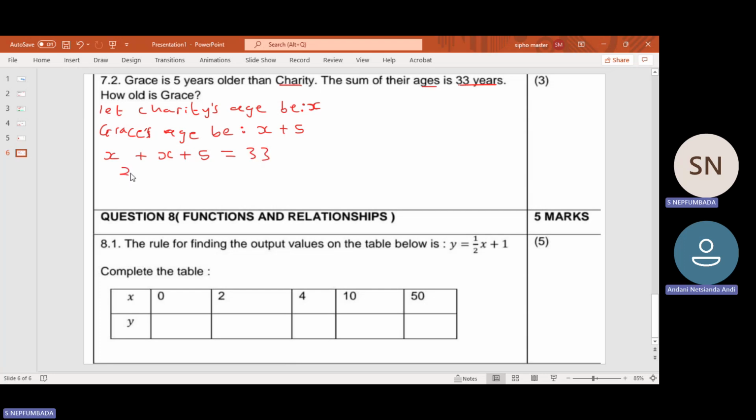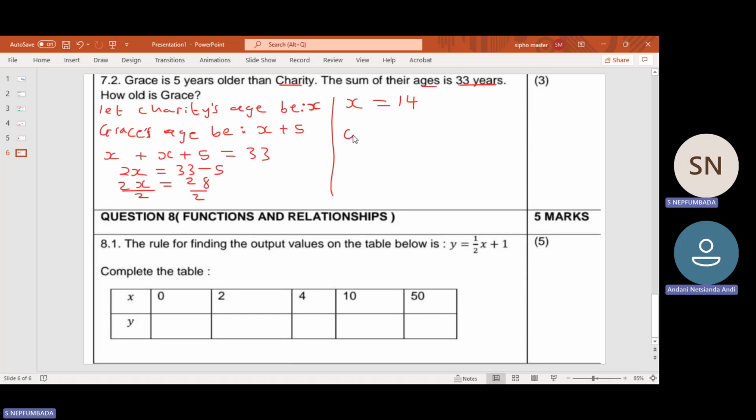Then we solve for x. 2x is equals to 33 minus 5. Therefore, 2x is equals to what? 28. Then we divide by 2, divide by 2. Then we're going to get x is equals to 14.